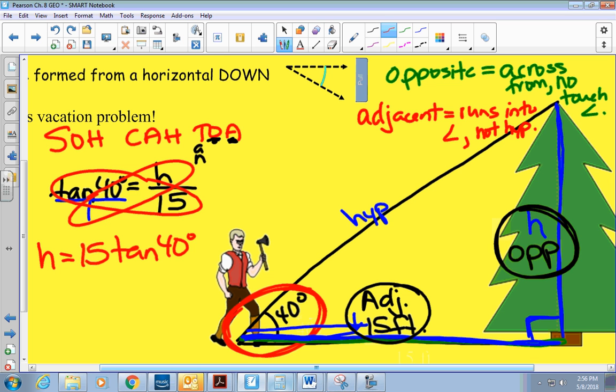You can do this now in your calculator. Rudy, tell me what you get when you multiply 15 times tan of 40. I got 1.73.